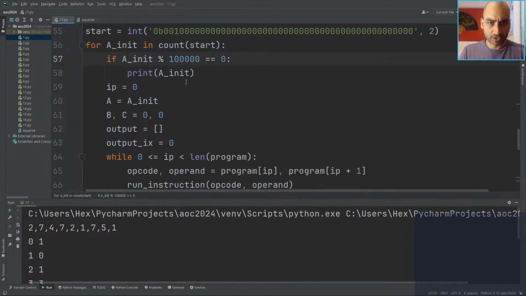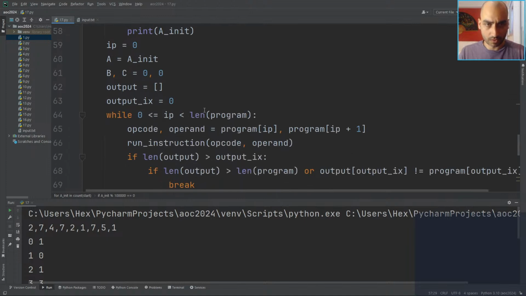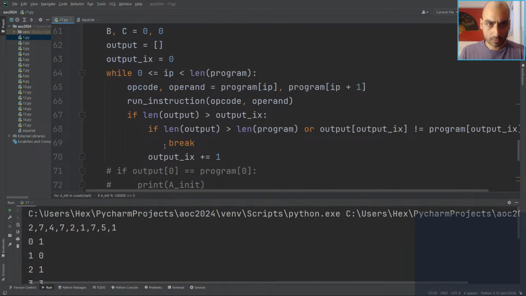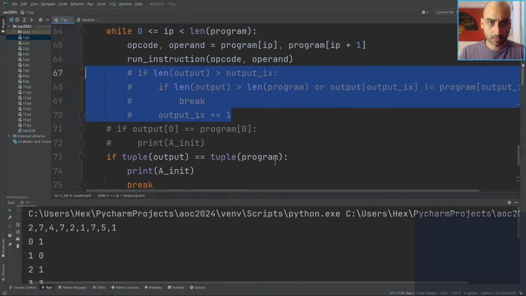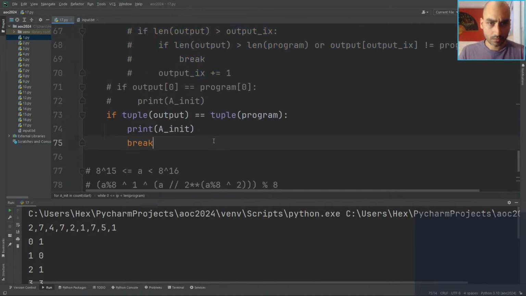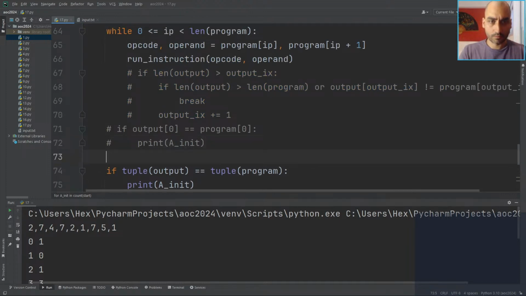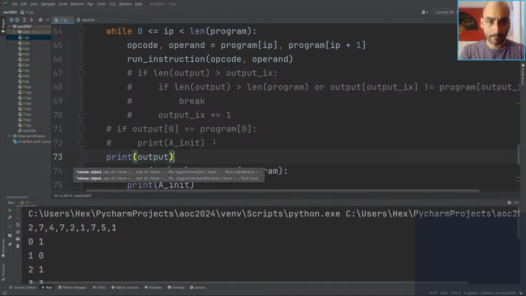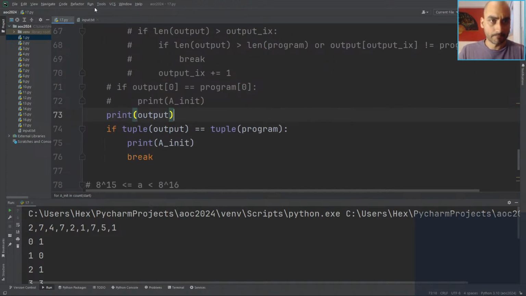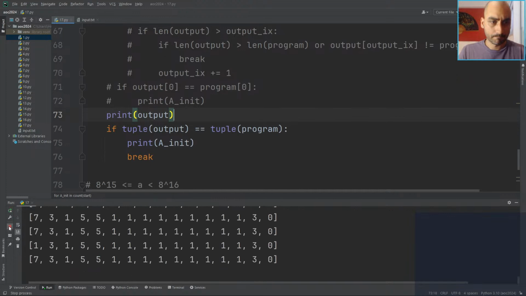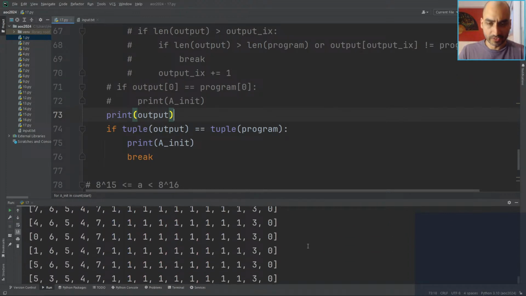So we just go ahead, make the program. Skip this step here. Print. I want to see the output. Alright, try running that. Stop. They're all zeros.